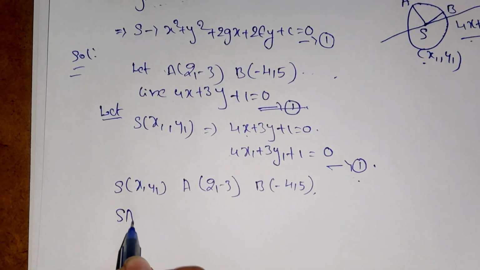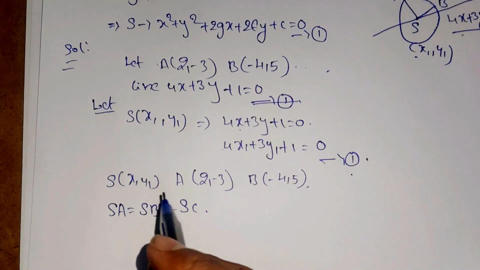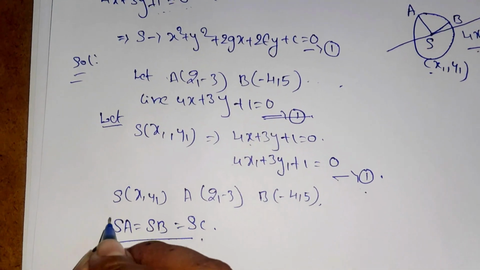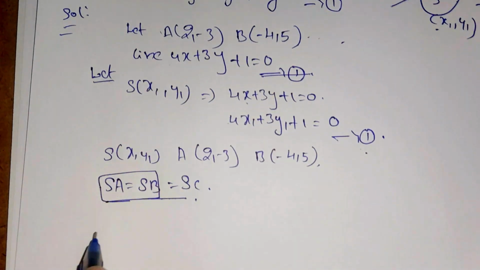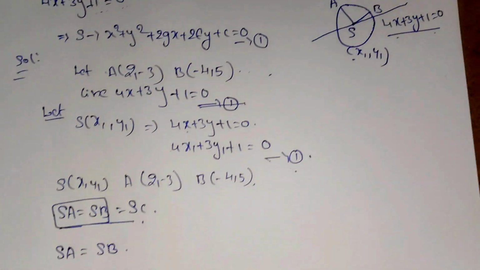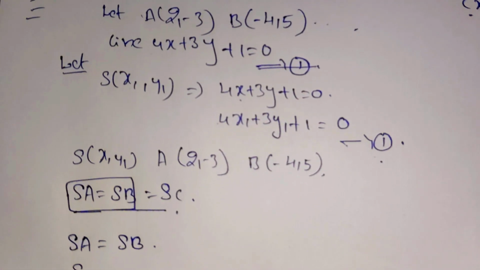Now SA = SB = SC. For this condition, first we have to take SA = SB. First let us find SA.